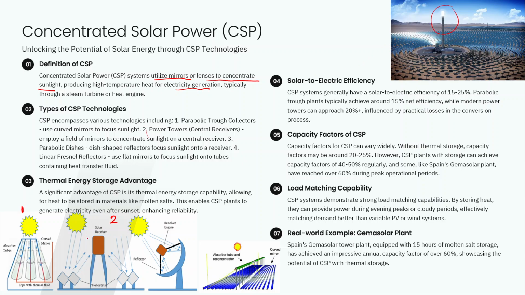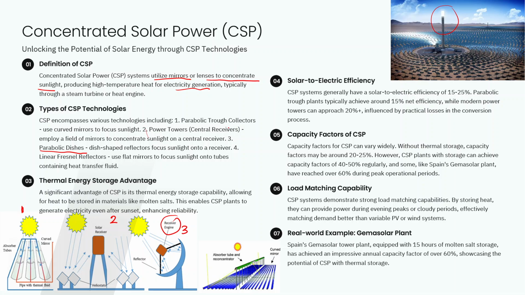You use the mirrors to focus the solar energy into one place to produce massive heat. And the third one is the parabolic dish. So you basically focus the sunlight into the receiver engine and produce the heat over there.